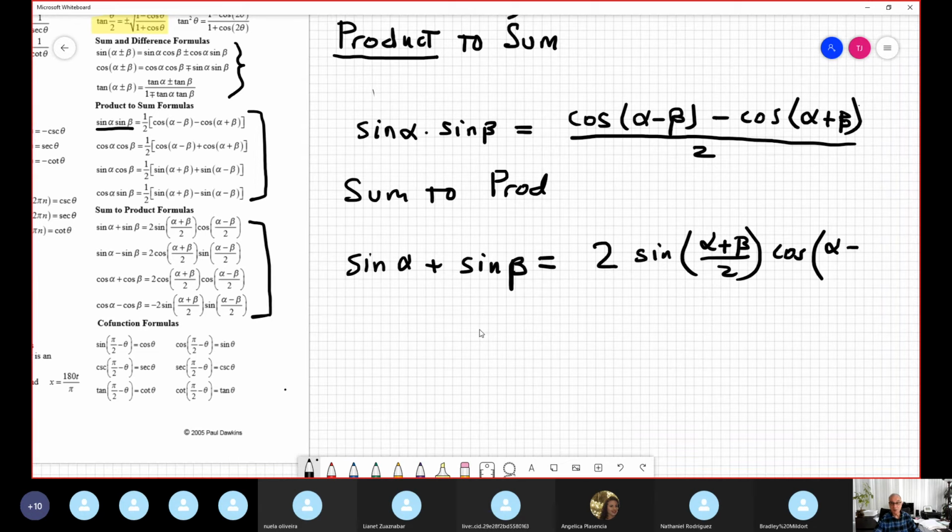Now the conversion in this formula is sum: you start with a sum and you convert to product. Sum because of plus or minus, no? Depending, it's sine. We have 4 combinations: sine plus sine, sine minus sine, cosine plus cosine, and cosine minus cosine. Okay?